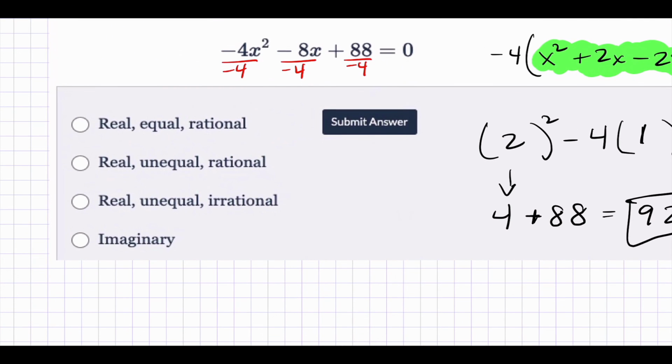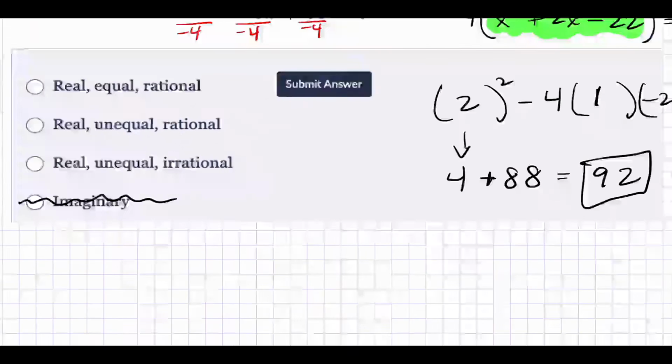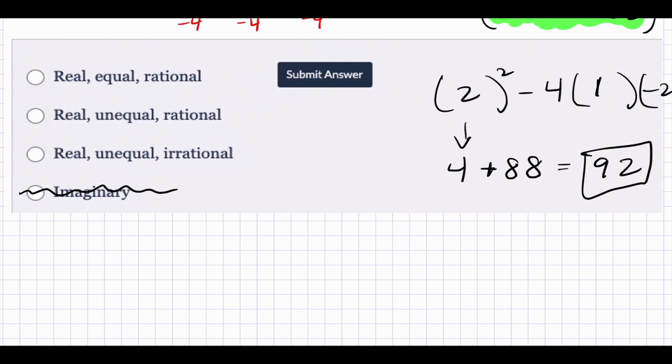Anything that doesn't say real, I'm crossing off. Imaginary. Nope. Can't have imaginary. So I have, let me do irrational or rational. So 92. If I find the square root of 92, that's not going to be a pretty number. Square root of 92 is irrational. So the only one that works is that guy right there.